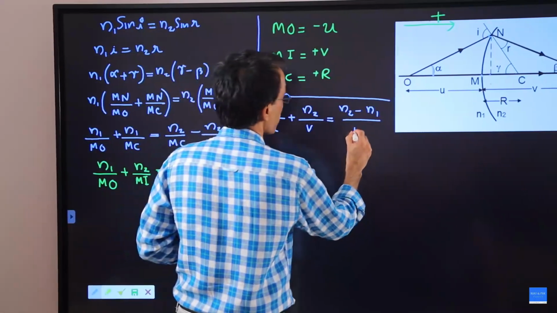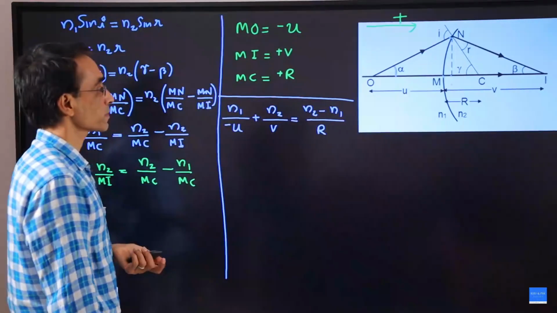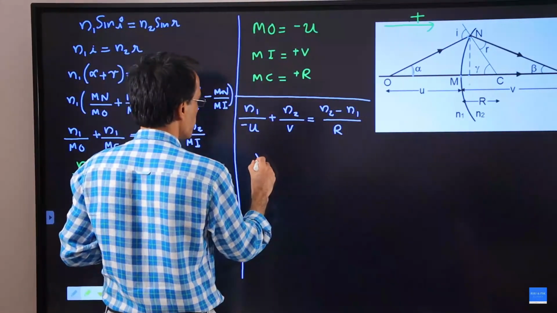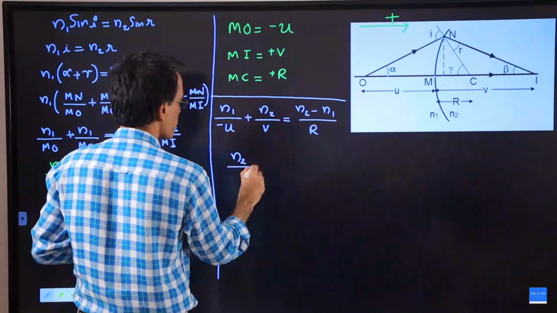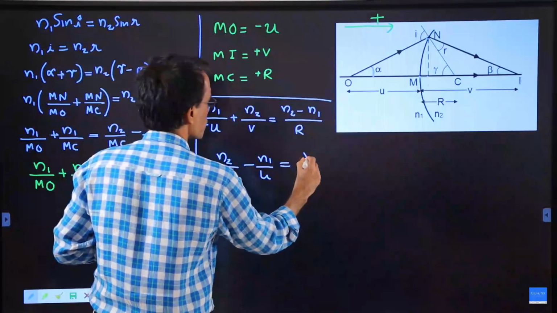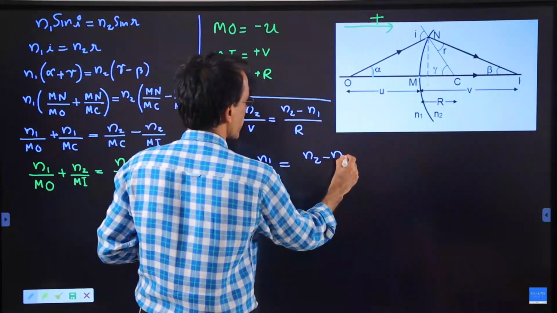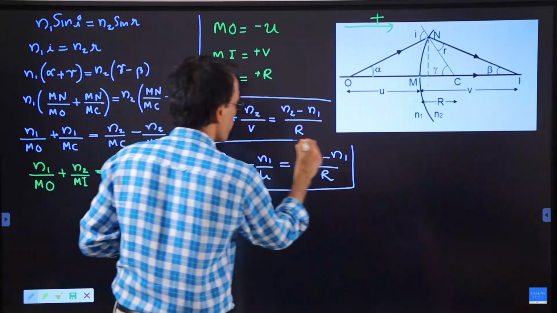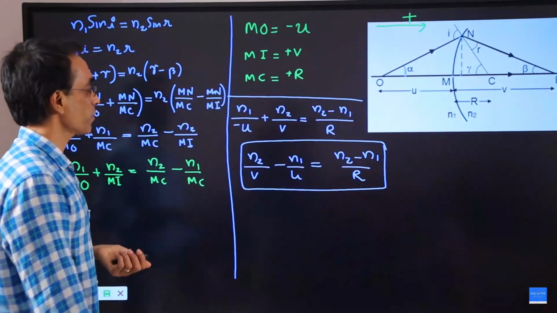MC is nothing but R. A slight rearrangement because we prefer positive term to start the equation: N2 by V minus N1 by U equal to N2 minus N1 by R. Wow, this is what we have been waiting for. We got it.